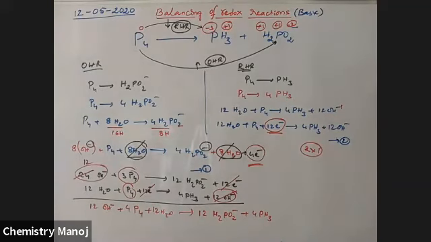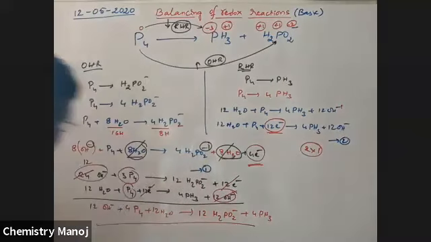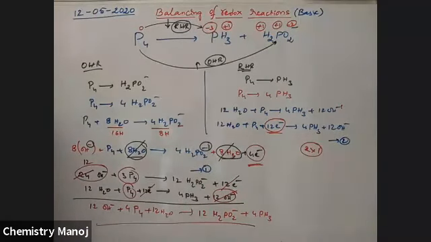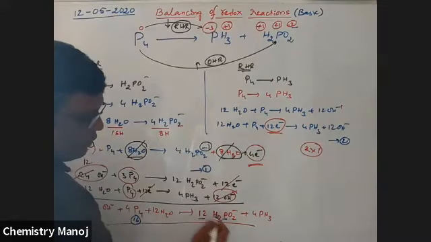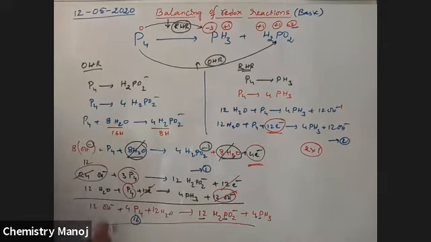Now I think this equation is the final balanced one. Check once again. Phosphorus: here 12, here 4, 16 phosphorus.